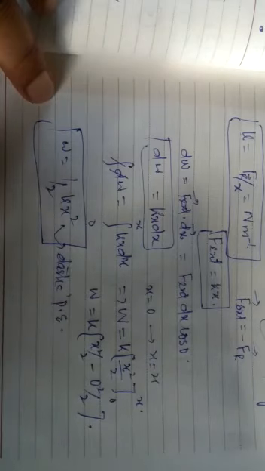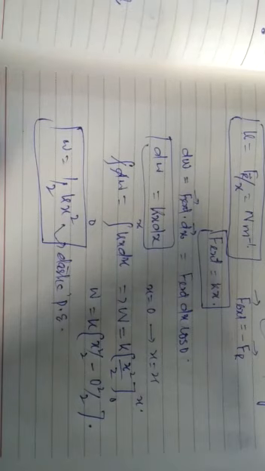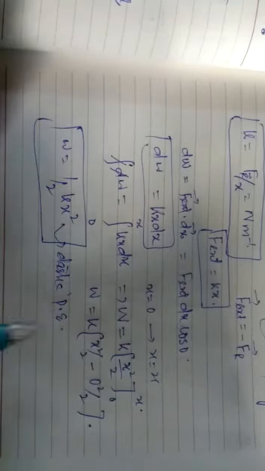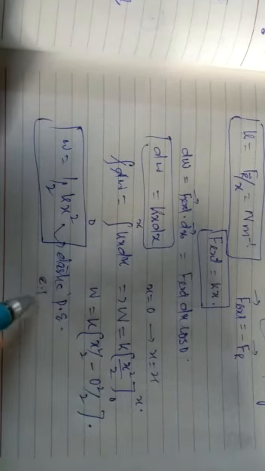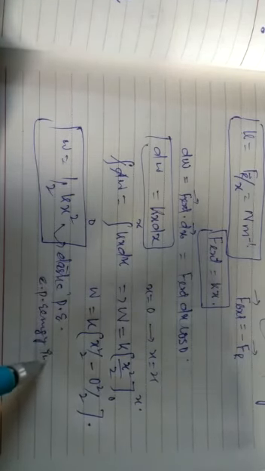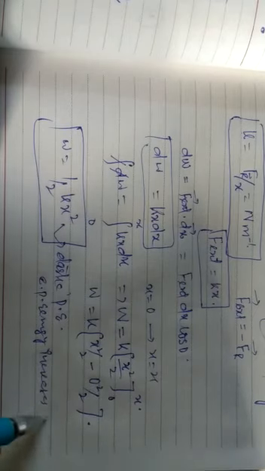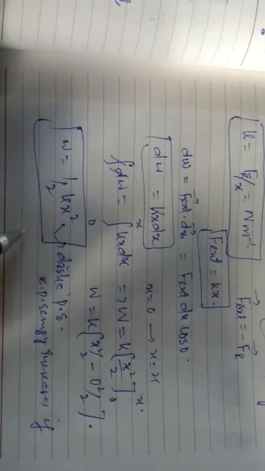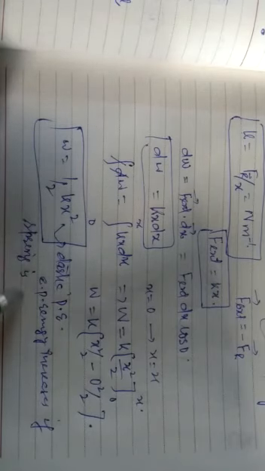So this is the equation for elastic potential energy. Now you have to remember, elastic potential energy is never negative, and elastic potential energy increases when the spring is stretched or compressed.